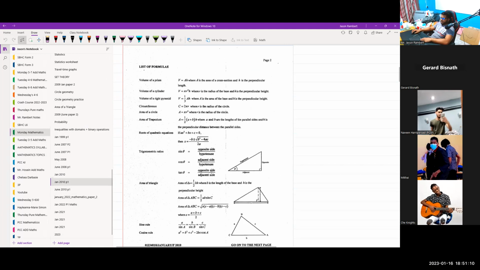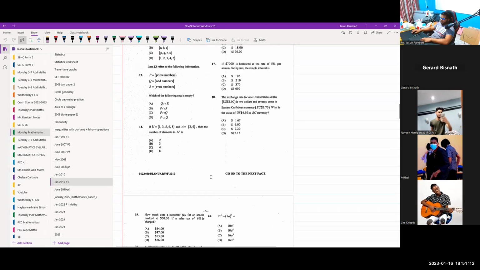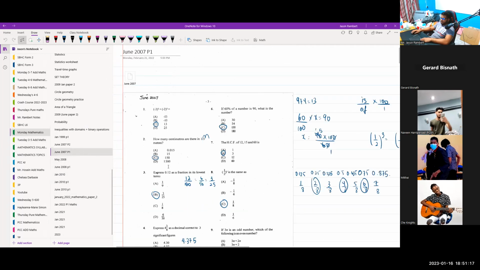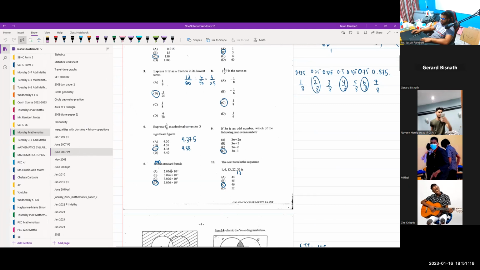Did we practice paper ones, fellas? Yeah, this one is one that does repeat plenty.